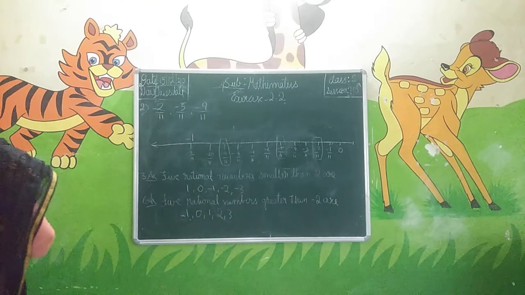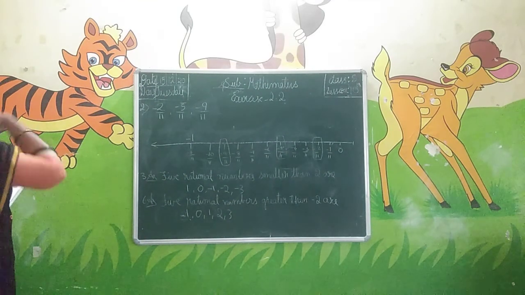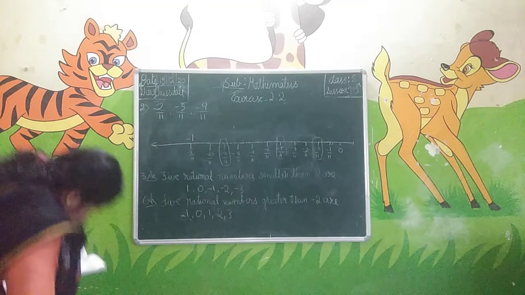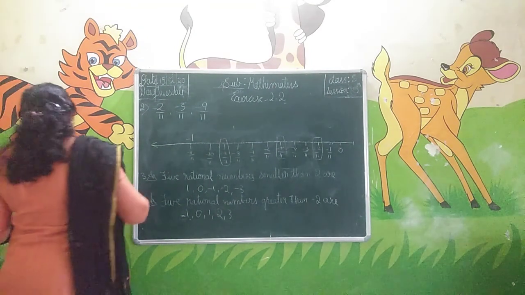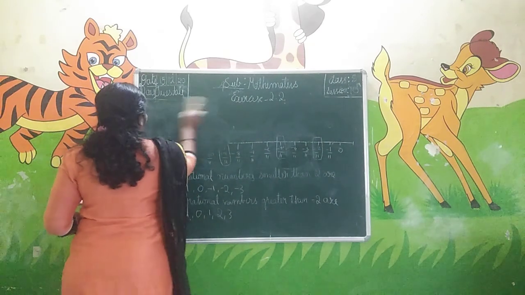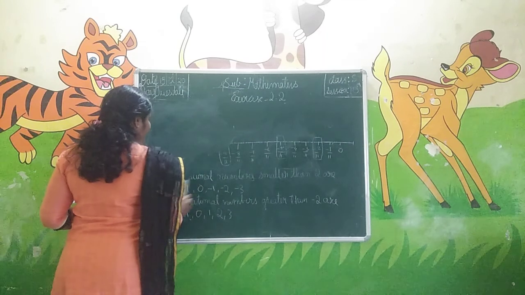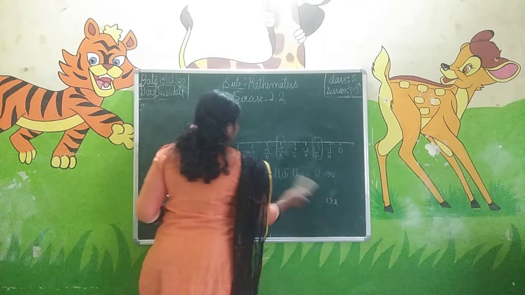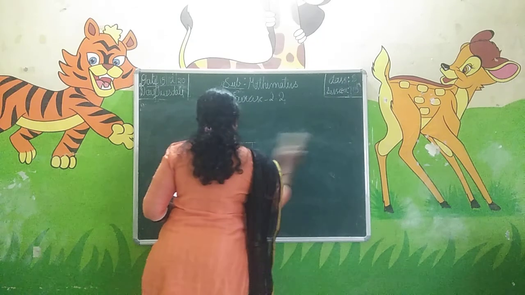Okay, students. Next we'll come to the fourth problem. Find 10 rational numbers between minus 2 by 5 and 1 by 2. Now I do the fourth one because these two problems are similar. So I did the first answer, third and sixth one. Next come to the fourth one.